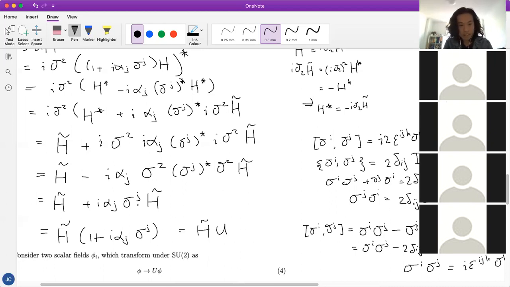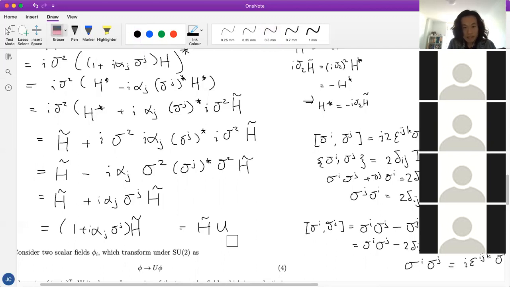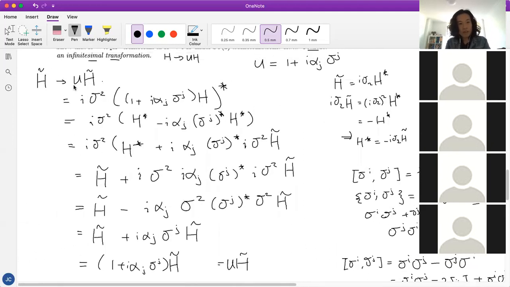The ordering, technically the U goes to the left, but I should be precise about that. So the h is to the right hand side of the sigma matrix. So technically, when I factor this out, I should get 1 plus i alpha j sigma j, then h tilde. So then the U is on the left hand side, and that's important. Okay, cool. So our h tilde transformed into U h tilde as expected.